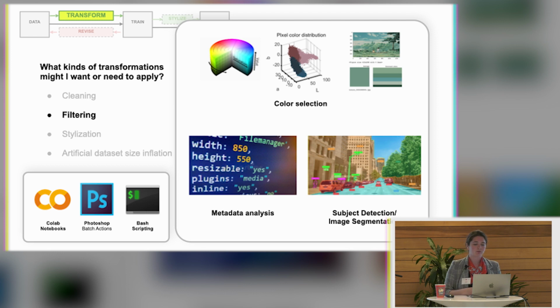Filtering is also really useful. That could be manual filtering, but that could also be things like, for example, I trained this other model using color selection. With the first version of the model that I had trained, I found that it was a mixture of a lot of different colors, and what I actually wanted to access was just the landscapes in the training data.